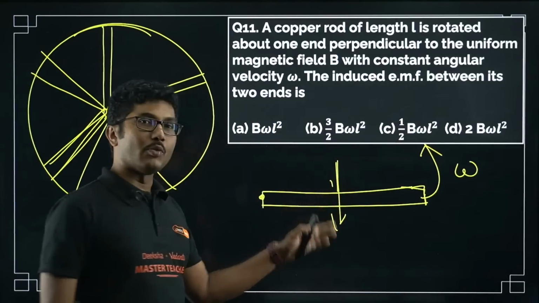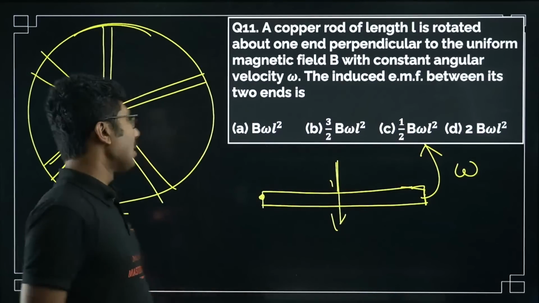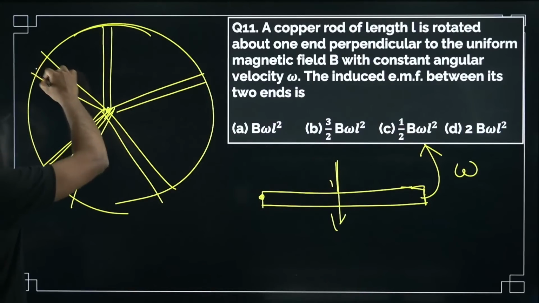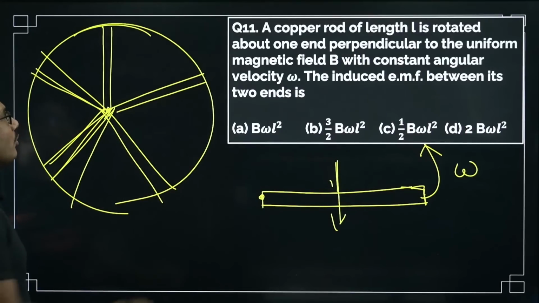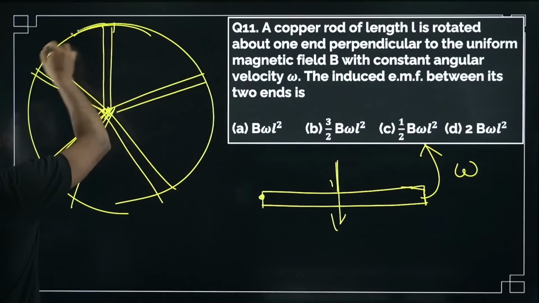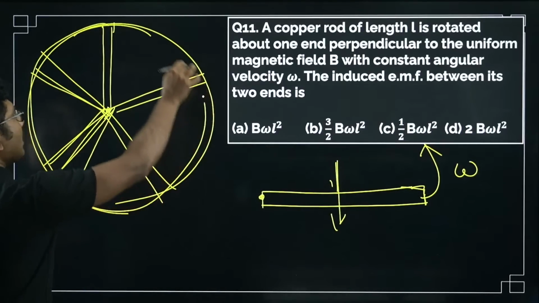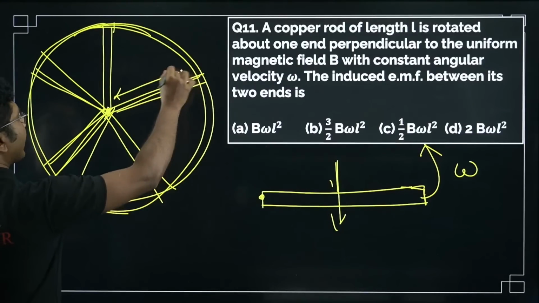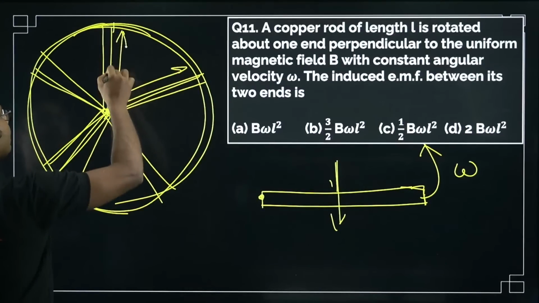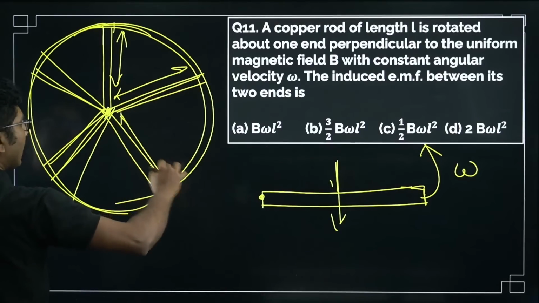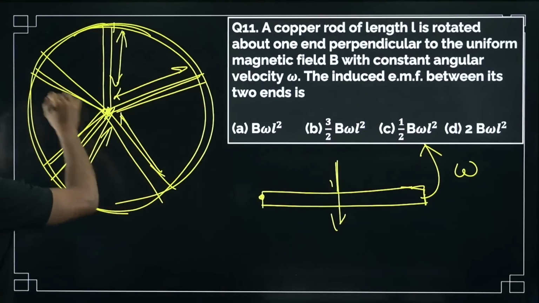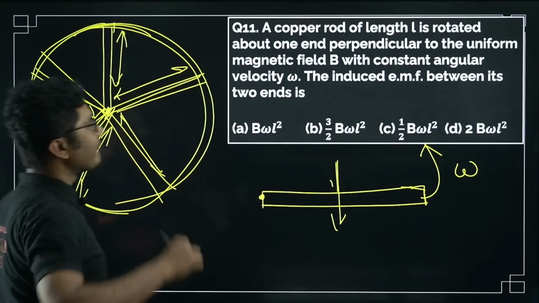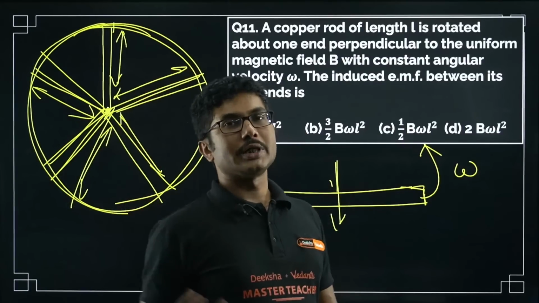Here we have only one rod, so no confusion. But if the same question is asked about a circular spoke, you have to remember that all the spokes are connected in parallel. So whatever is the EMF between these two points, the same EMF will be induced here, here and here as well. So the number of spokes does not matter.